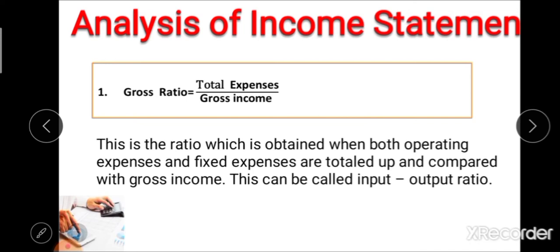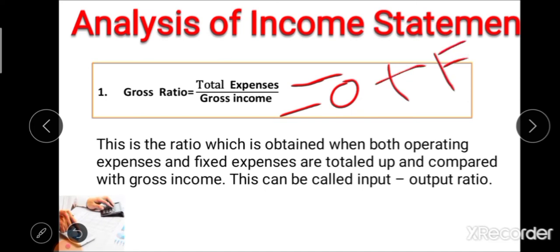Gross ratio is equal to total expenses divided by gross income.